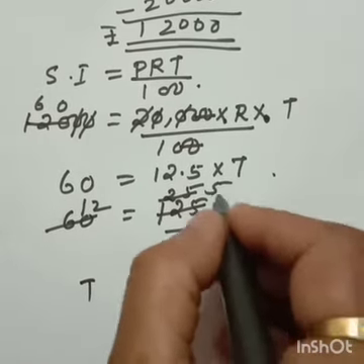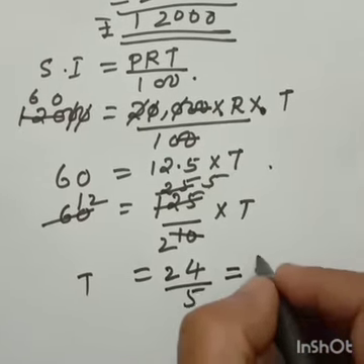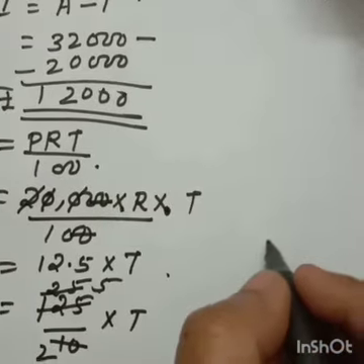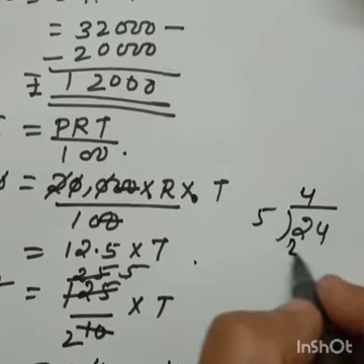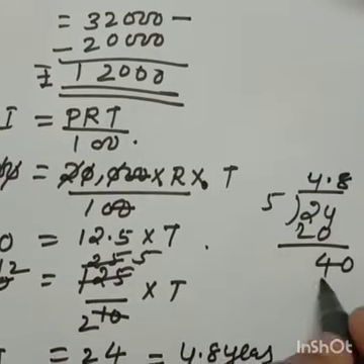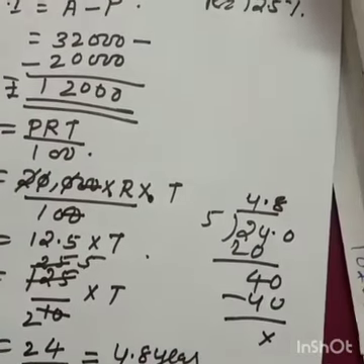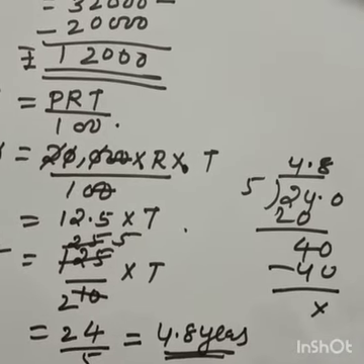Here 5 is multiplying, so it will be divided. That means 24 divided by 5, 4.8 years. Clear? I hope everybody understood this question.